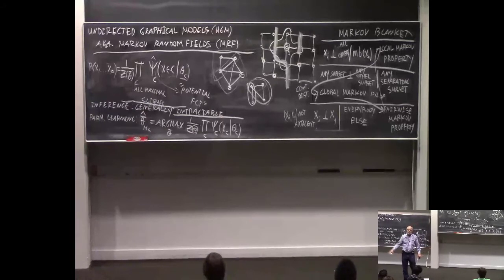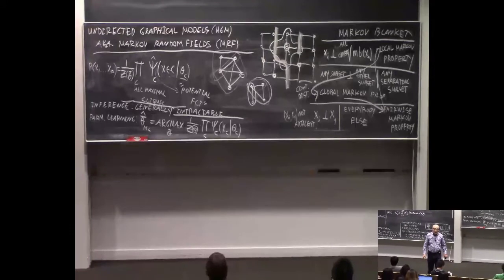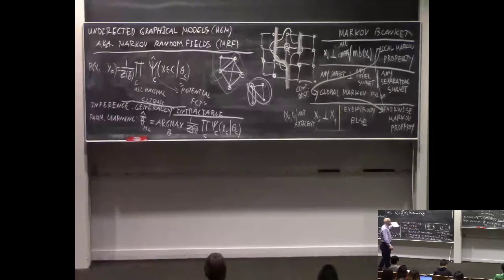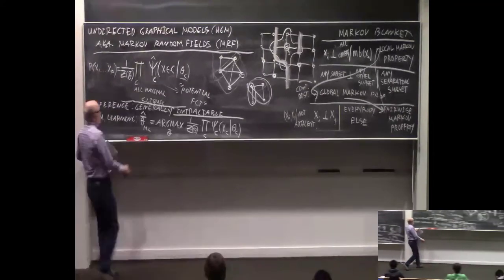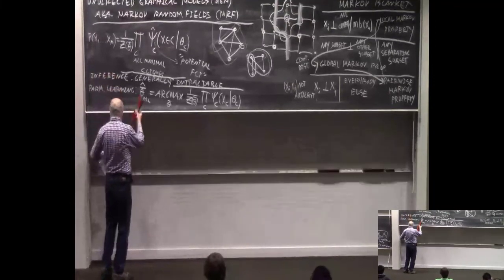If you remember the situation with directed graphical models, parameter learning from complete data was trivial, it was just relative frequency. Parameter learning from complete data in undirected graphs, anybody want to guess? It is not trivial, but it is doable. You can't use relative frequency because these are not simple conditional distributions like you have here. So let me continue here.